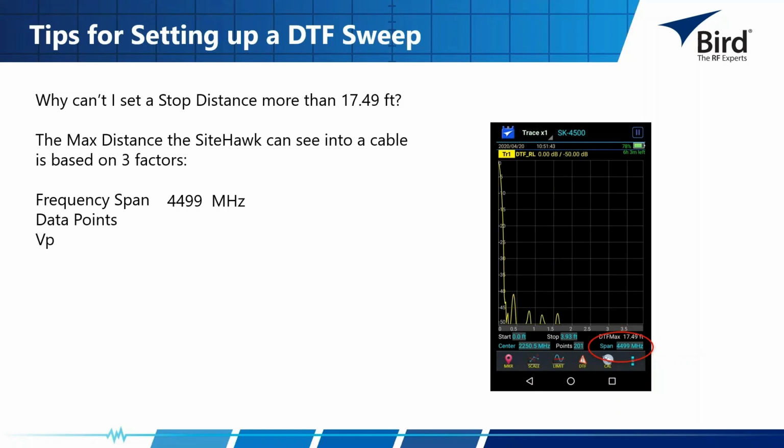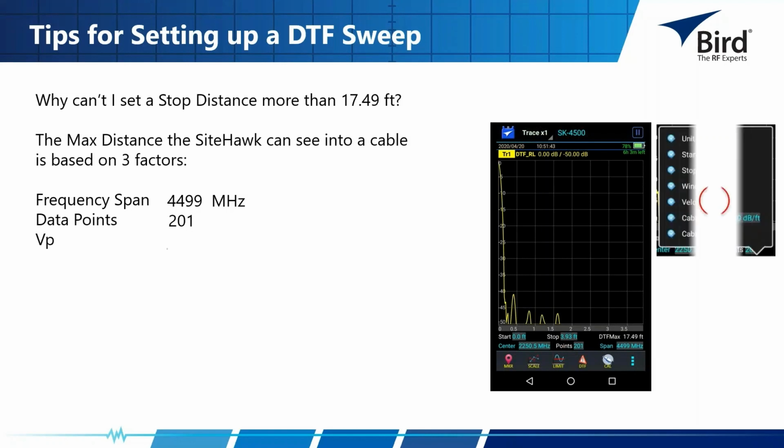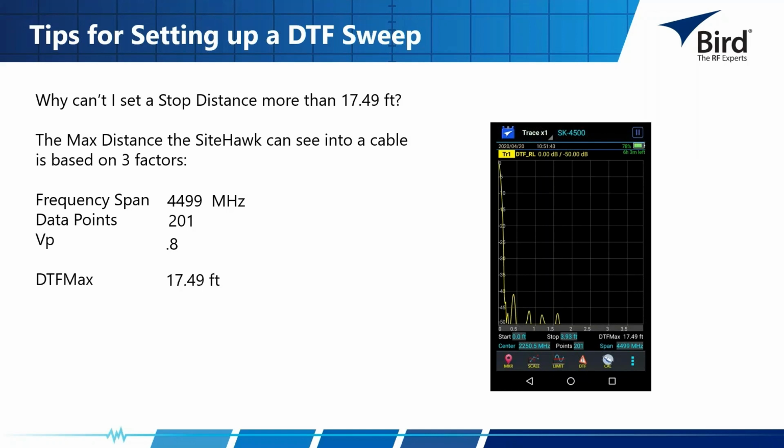So you can see with a frequency span of 4,499 megahertz, if I have 201 data points selected, and my velocity of propagation is set up for 0.8, I'm going to see a max distance of 17.49 feet.